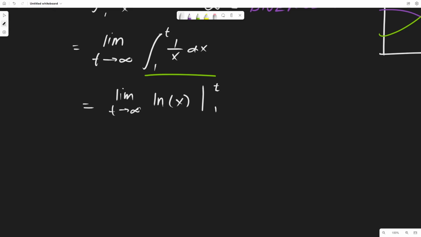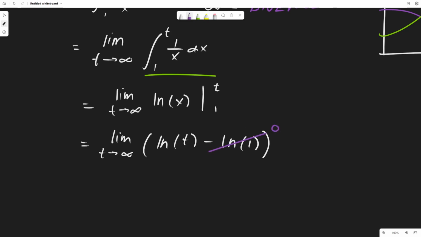Now let's substitute the boundaries: the limit of ln t minus ln 1 as t approaches infinity. We know that ln 1 is equivalent to 0, so simply ln t is left.